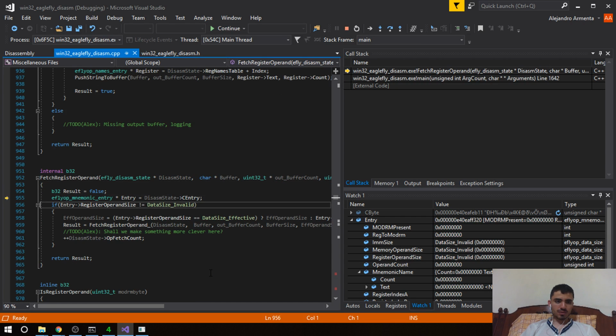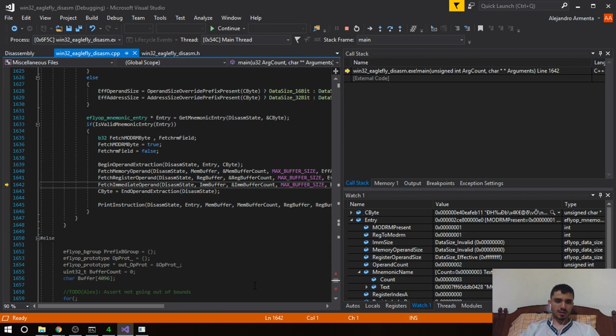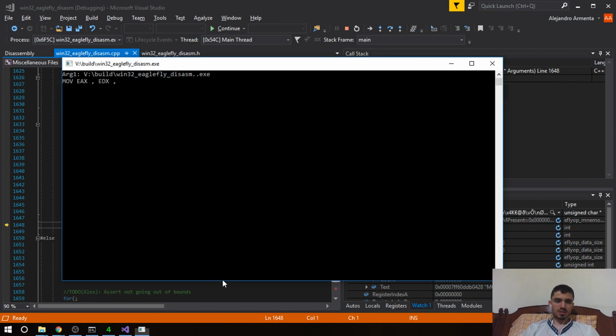We're going to fetch the register operand, which is EDX, that's correct. And we're going to fetch the immediate operand, which is nothing. So that's pretty much the instruction, isn't it?